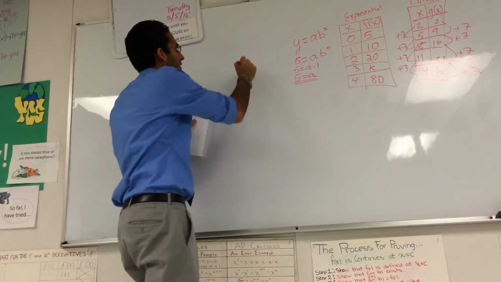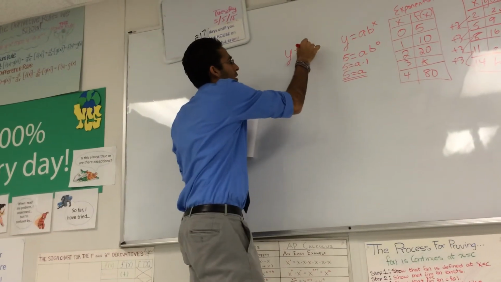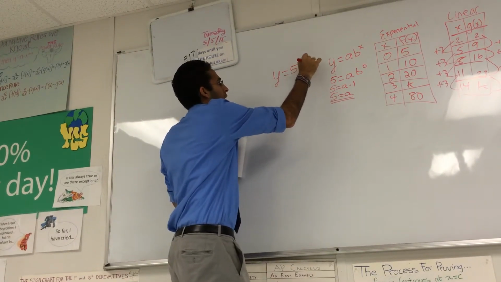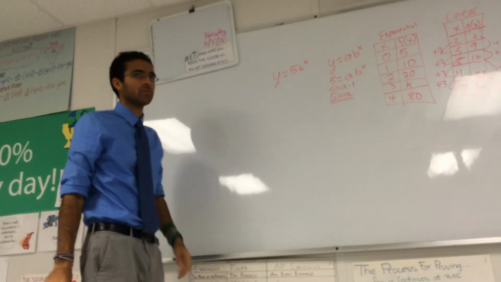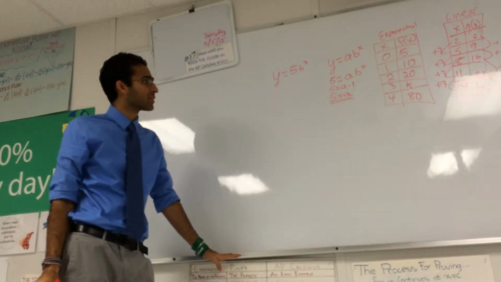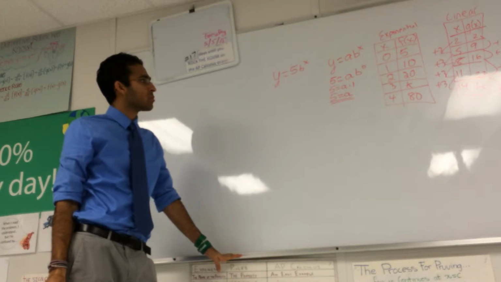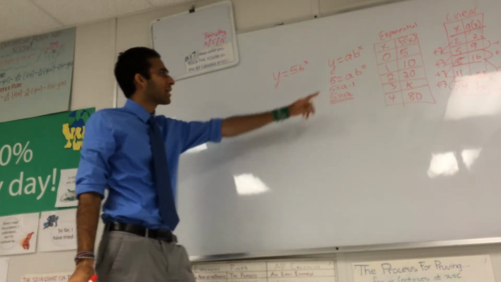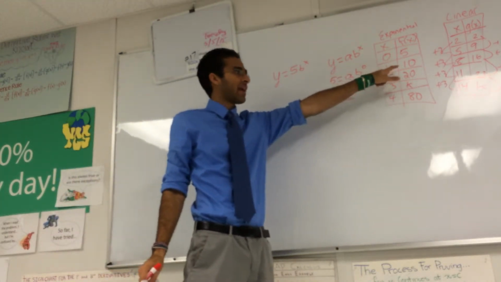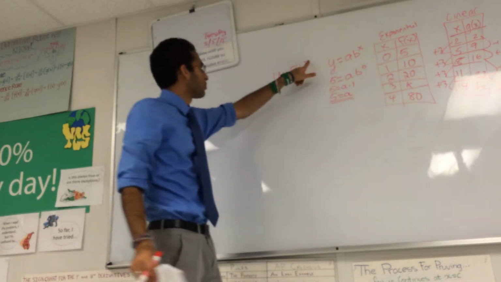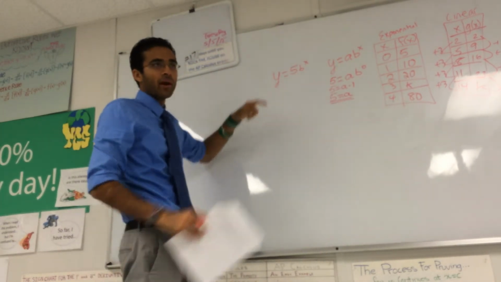Now I'm going to say, okay, 5b to the x. Well, I could plug in 1 for x, and I must get 10 for y.